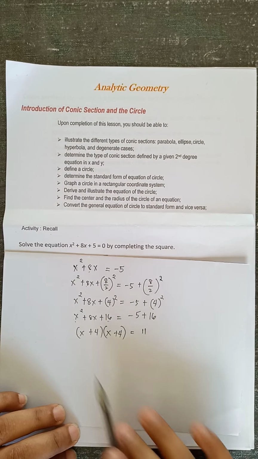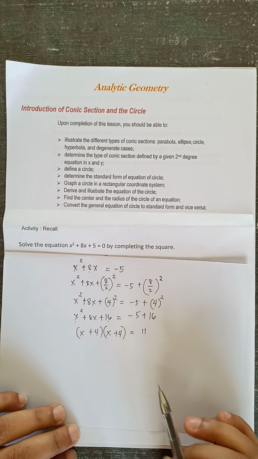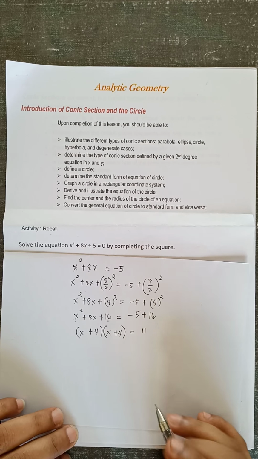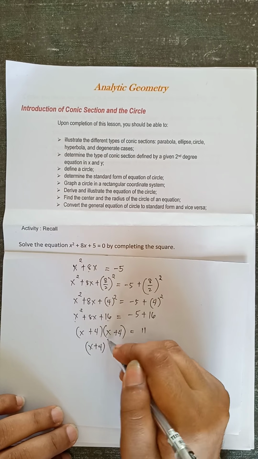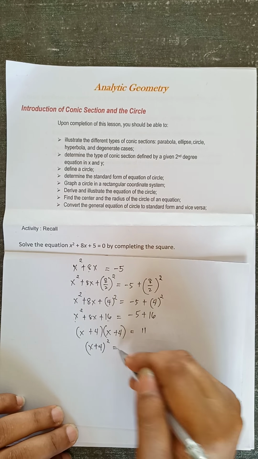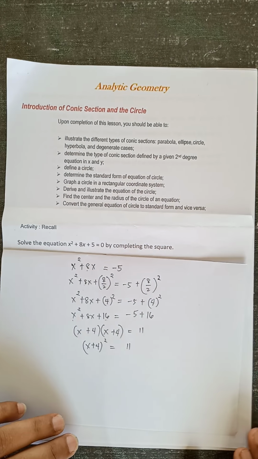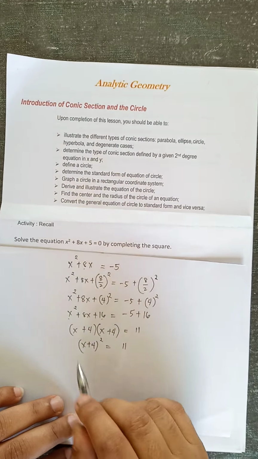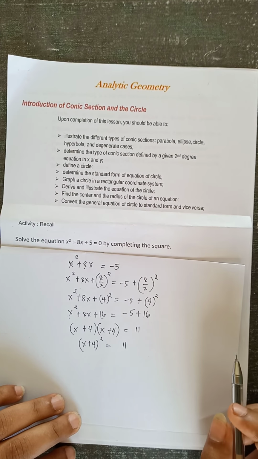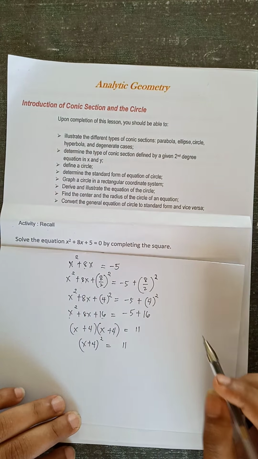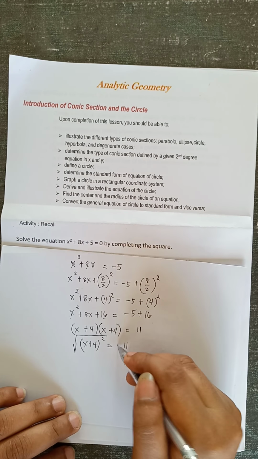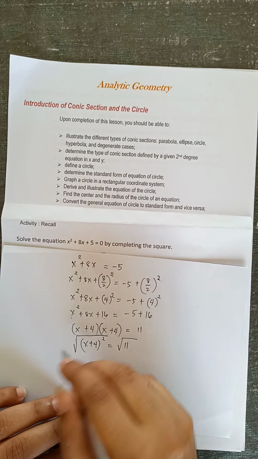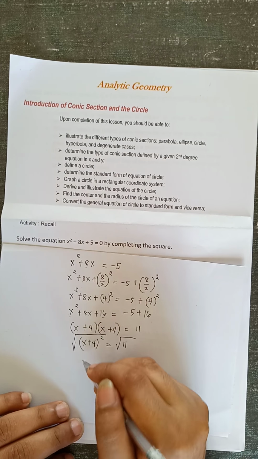So now, these given factors, x plus 4 times x plus 4, can also be written as x plus 4 squared equals 11. So since we are looking for the value of x or the roots of the given quadratic equation, we take the square root so that x comes out.